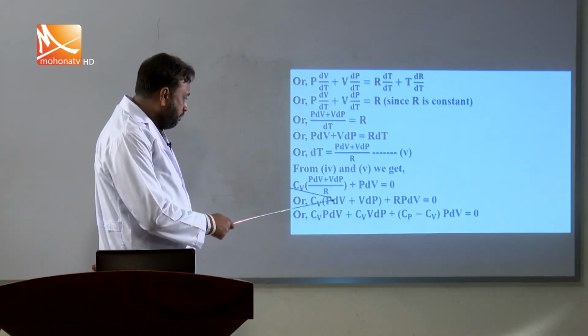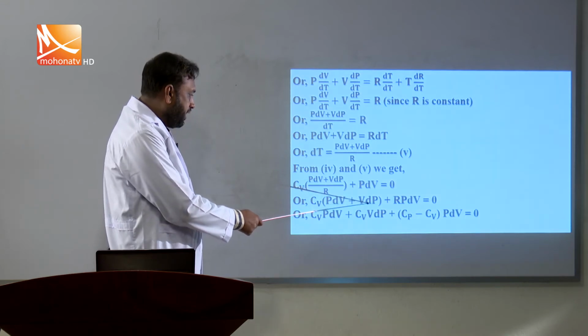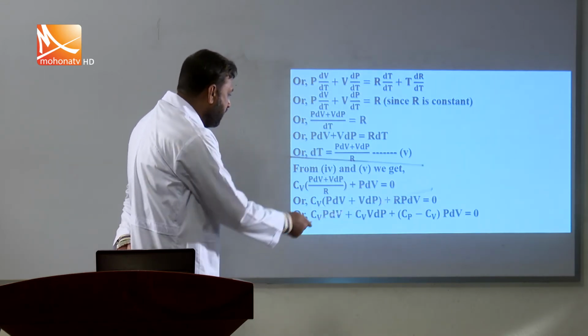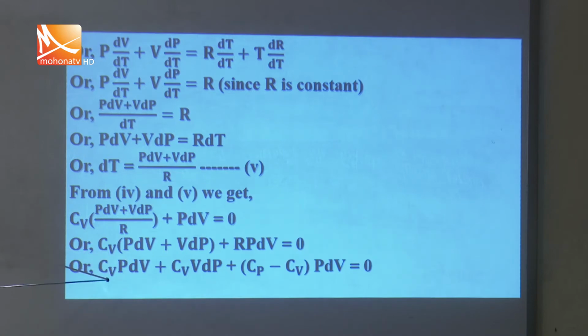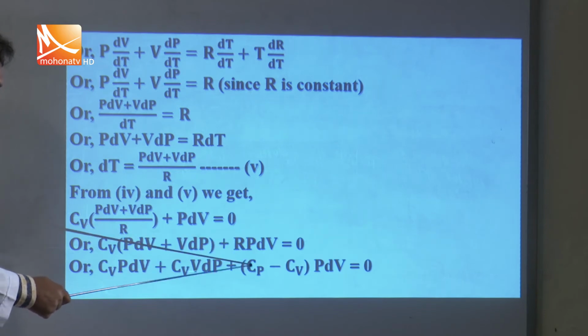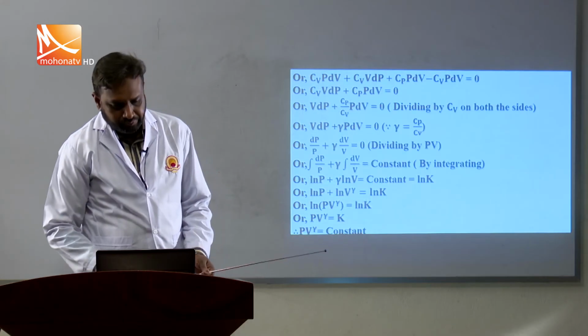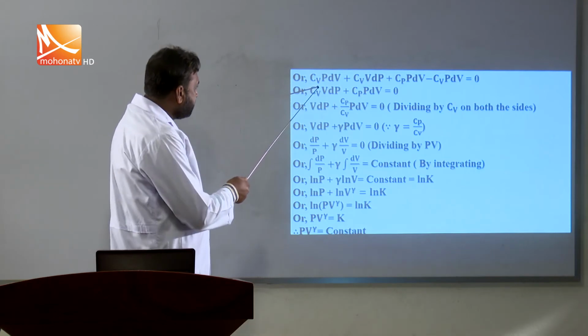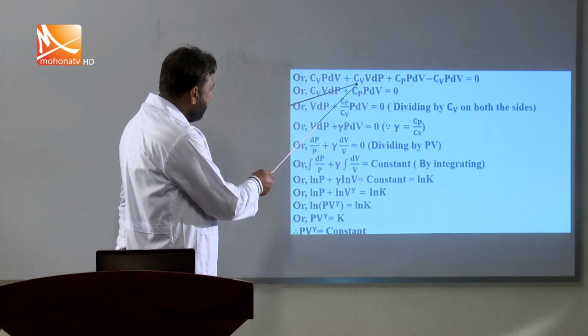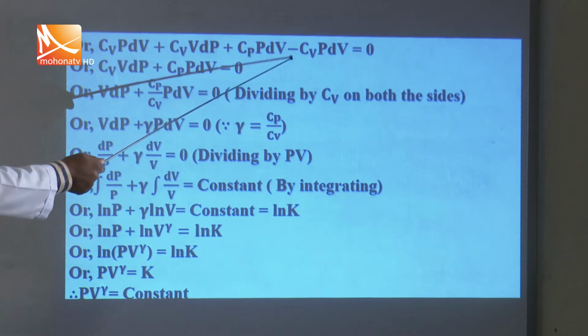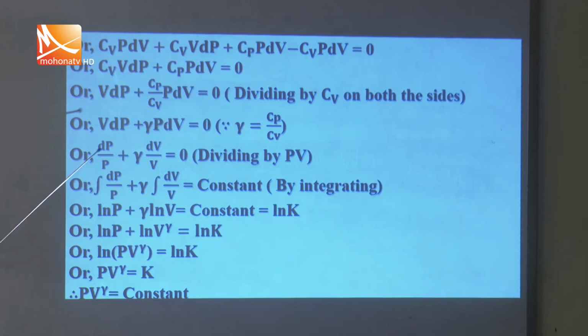or Cv (PdV plus VdP) plus R PdV equals 0, or Cv PdV plus Cv VdP plus, since R equals Cp minus Cv, in place of R we write (Cp minus Cv) into PdV equals 0, or Cv PdV plus Cv VdP plus Cp PdV minus Cv PdV equals 0.